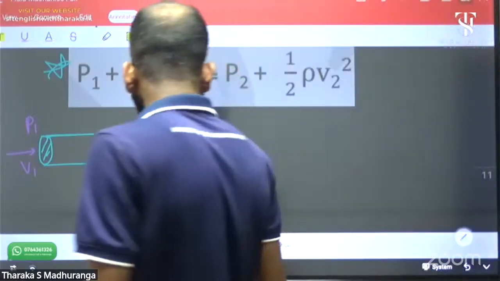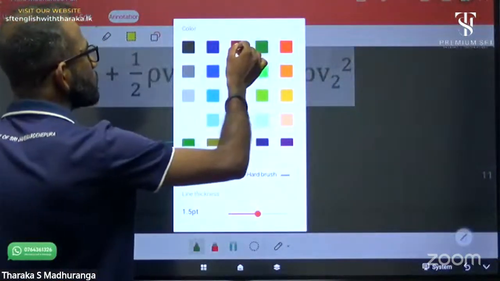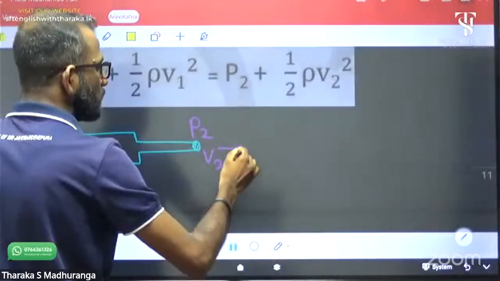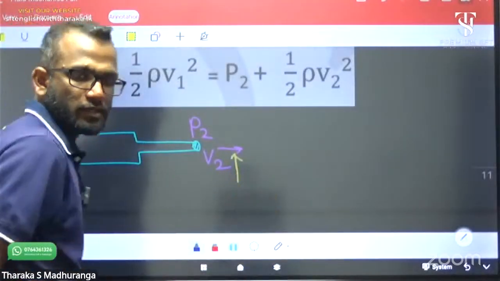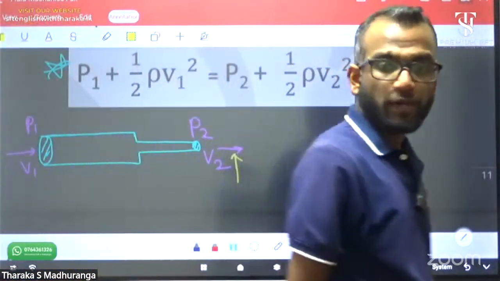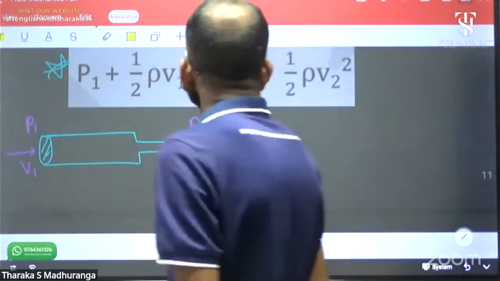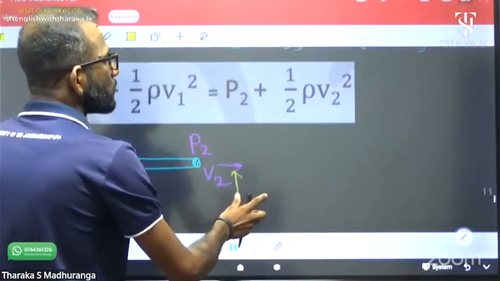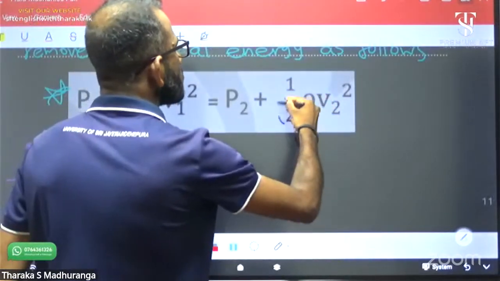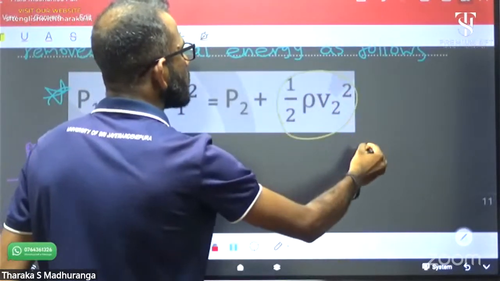V2 definitely. Why? It has a very small cross section. Then V2 is greater. Now V2 greater means what happened to the kinetic energy? Kinetic energy is greater, right?